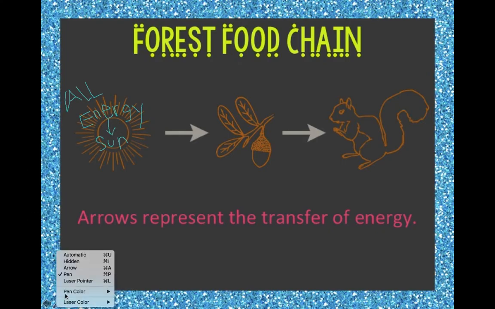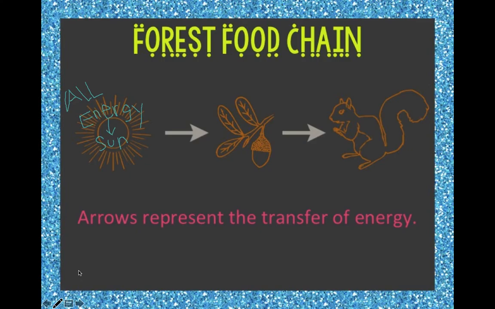Producers, consumers, they all, pardon me. The original source of their energy all starts with the sun, because producers require sunlight.